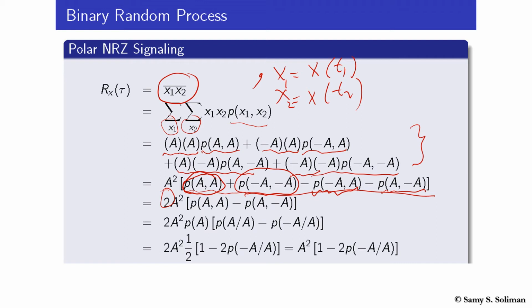If we want to better understand it, let's assume that we have 2 sample functions. For example, the first sample function has positive A, negative A, negative A, negative A, and positive A, and so on. And the second sample function is arbitrarily different.